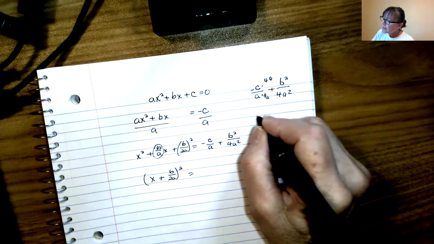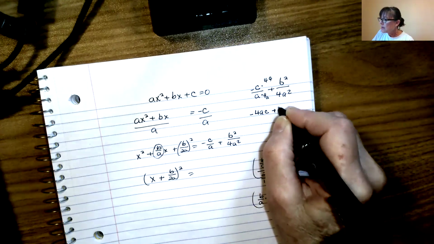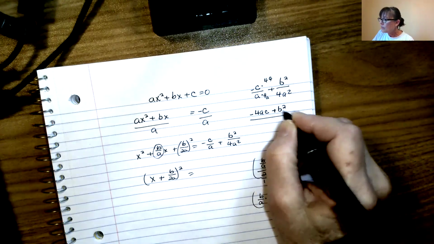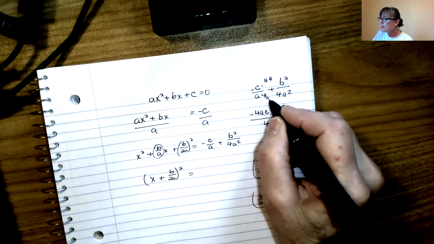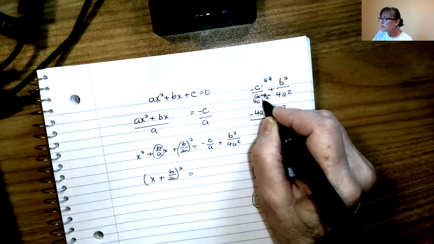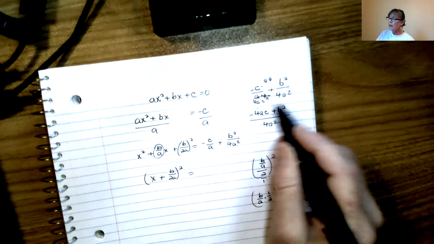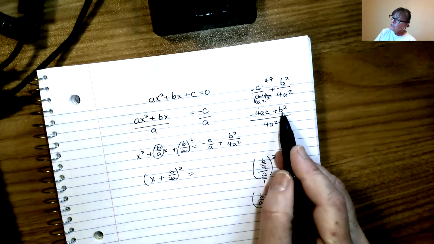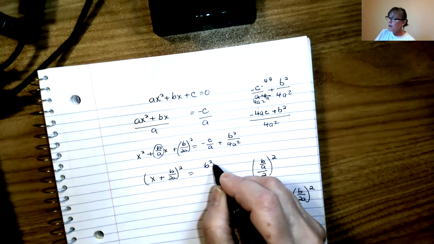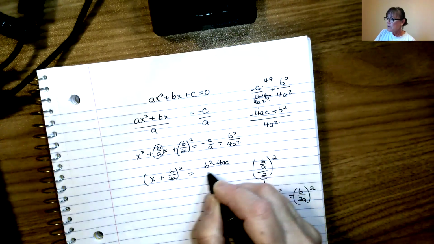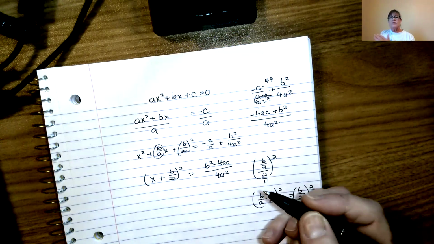So I get negative 4ac plus b squared all over 4a squared, because a times 4 times a is really 4a squared. Now these are the same, and I can add those together. This is what I get on the right-hand side. And if I want to flip those terms and call this b squared minus 4ac, I can do that. And I do want to, because the negative will be second.